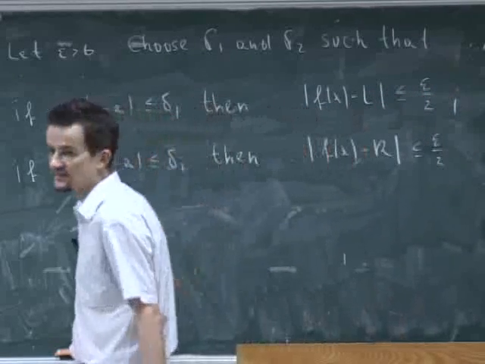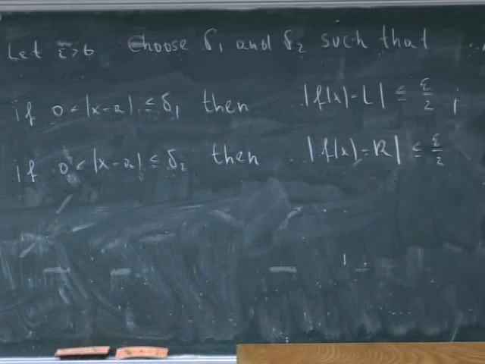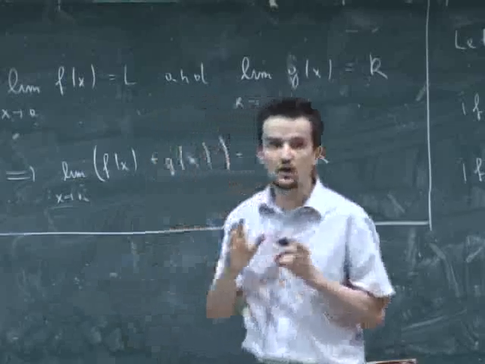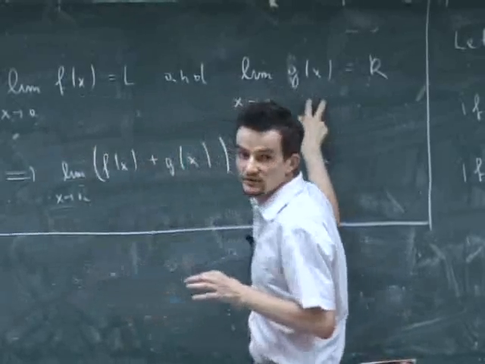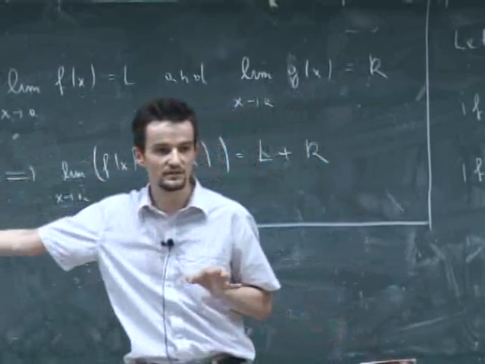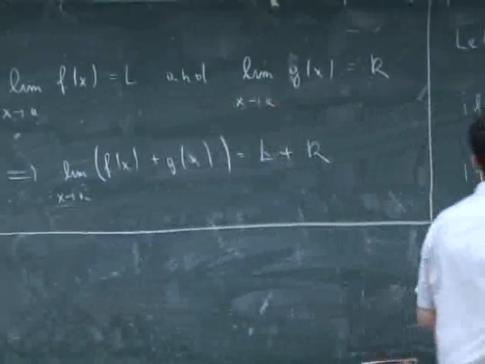Choosing such constants is possible because those two limit relations are already satisfied. We know already that this limit relation and this limit relation hold, and we just apply the definition.